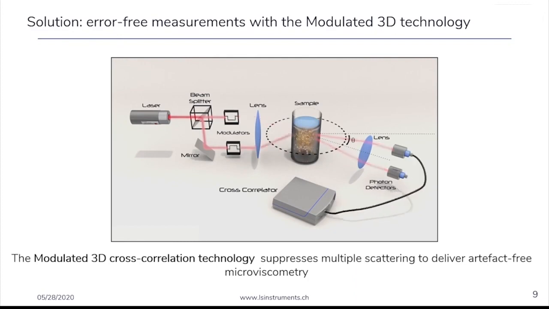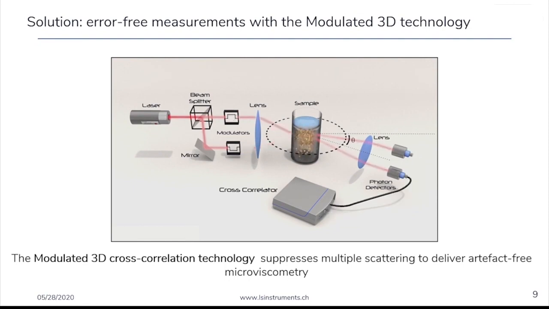The principle is shown here. What we now do is we actually perform two dynamic light scattering experiments in exactly the same scattering volume. And we have two detectors that measure the fluctuating intensities. And the way the geometry is implemented, they also measure the scattered intensity at exactly the same scattering vector.